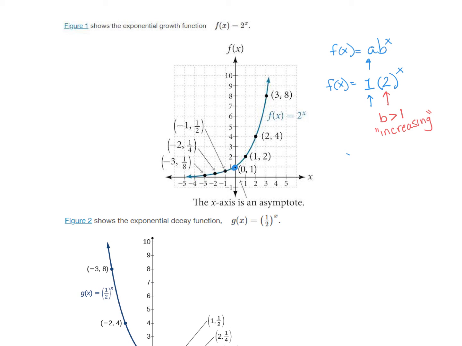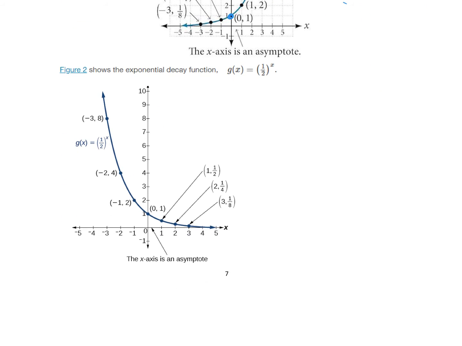So it's interesting to know, what does that look like if our base, our b value, is less than 1? In this case, g of x equals 1/2 to the x, our b value here is less than 1 but still greater than 0.